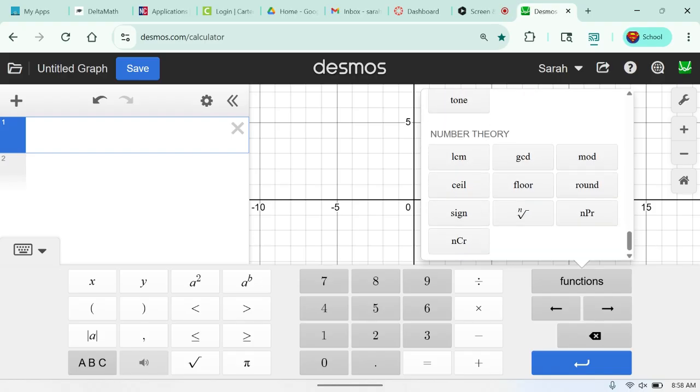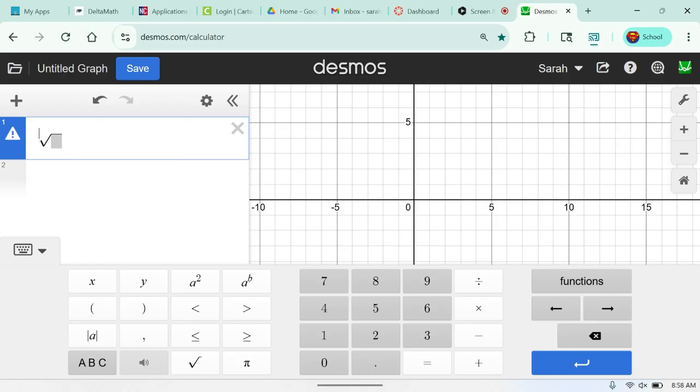You're going to scroll all the way down to the very bottom where it says number theory. Do you guys see right here where you see n and then a square root symbol or a radical? Click that, and then it'll let you input the 3. If you don't put the 3, it won't graph it right. And then x minus 5.